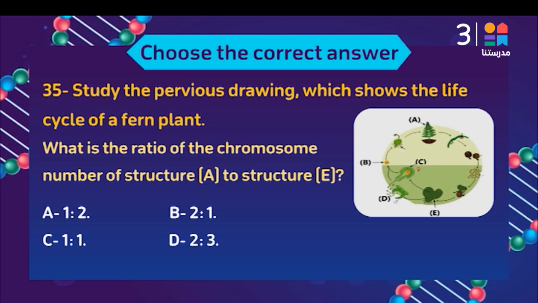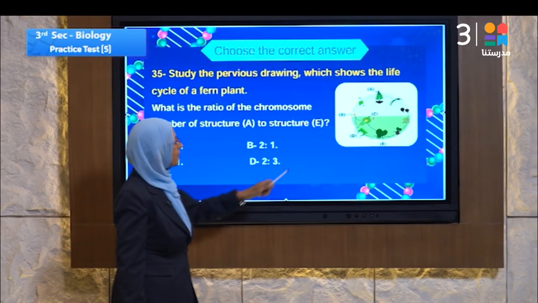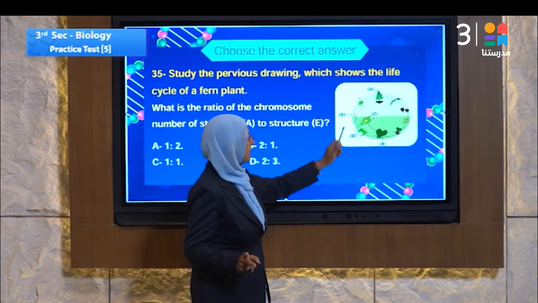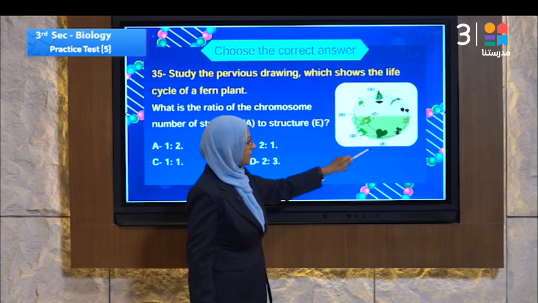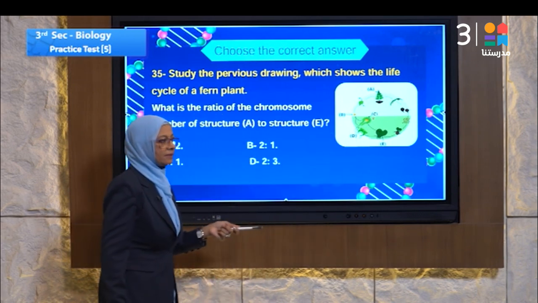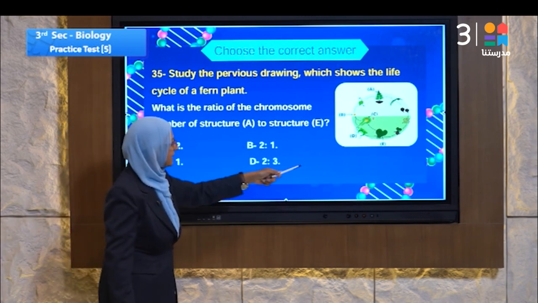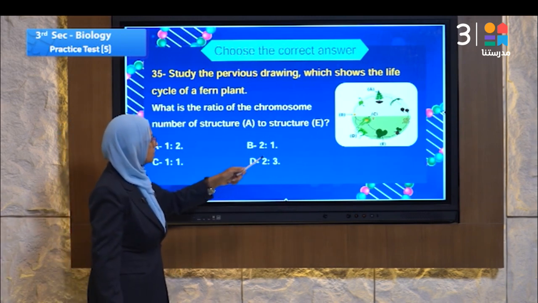Study the previous drawing which shows the life cycle of a fern plant. What is the ratio between the chromosome number of structure A and structure E? Structure A contains 2N, and structure E contains 1N. So the ratio between them must be 2 to 1.